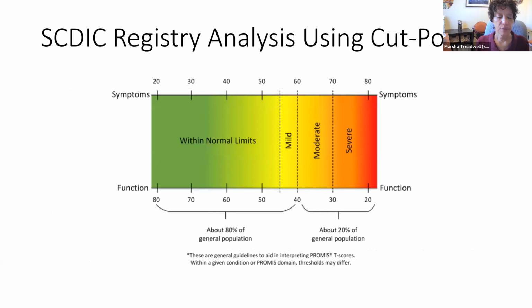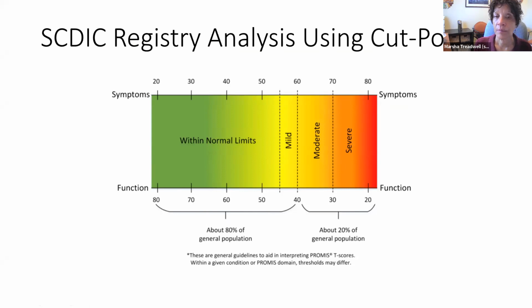How we did this was we used cut points of the patient-reported outcome measures from the Patient-Reported Outcomes Measurement Information System and the Adult Sickle Cell Quality of Life Measurement Information System. These measures have a midpoint of 50, which is the average score. One standard deviation above, for some measures, particularly symptoms, means that the person has worse function.